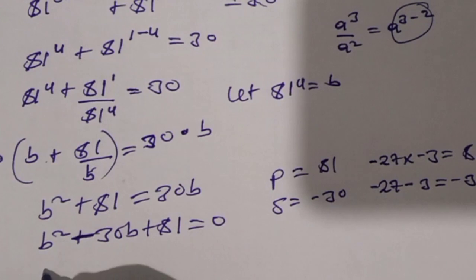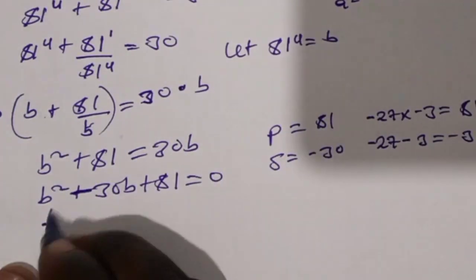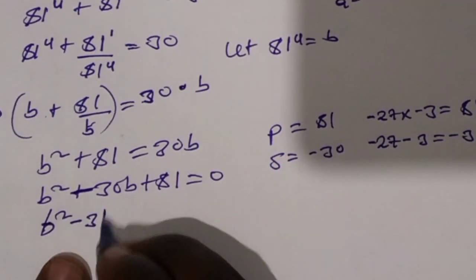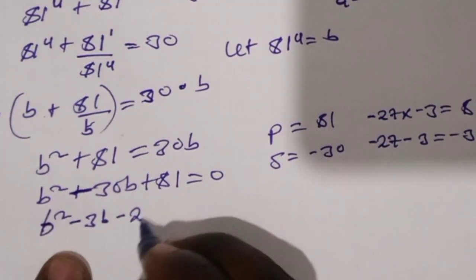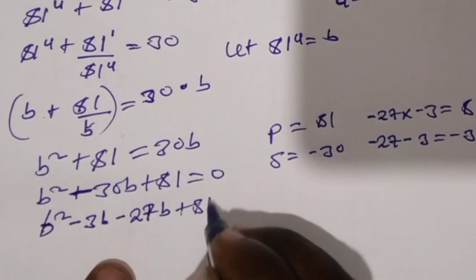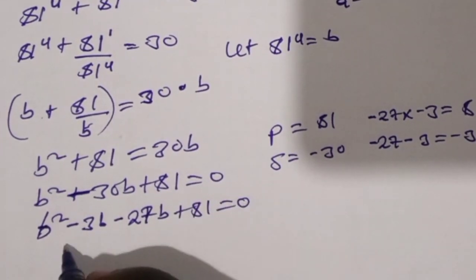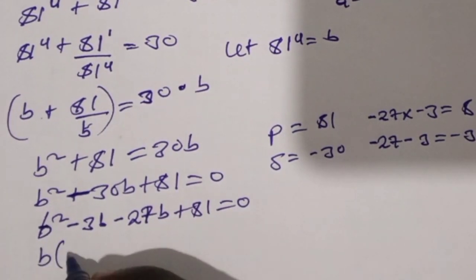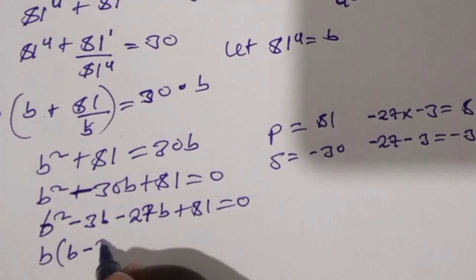So let's take it here. We are going to have b squared minus 3b minus 27b plus 81, which is equal to 0, right? Then let's factorize. What we have is b outside, then b minus 3, right?